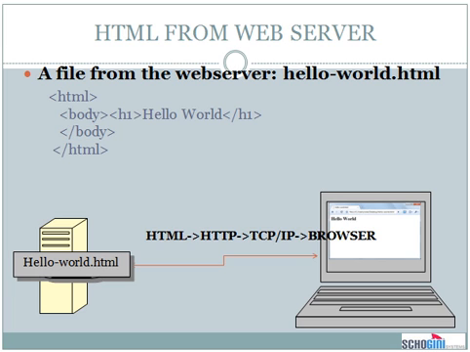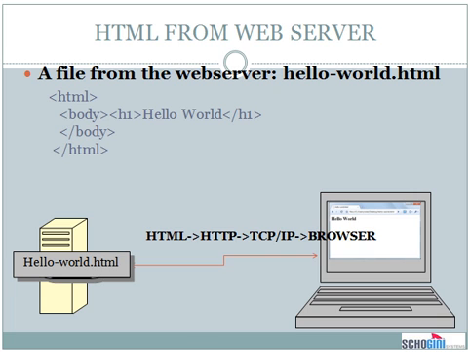HTML is just a simple text file containing some codes or tags. In this case, the hello world.html file contains a HTML tag within the angle bracket, and within the body tag you see hello world enclosed within the h1 tag. This file is sent to the browser using HTTP handshake system using the TCP/IP.